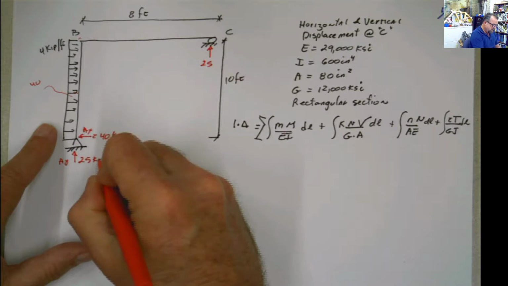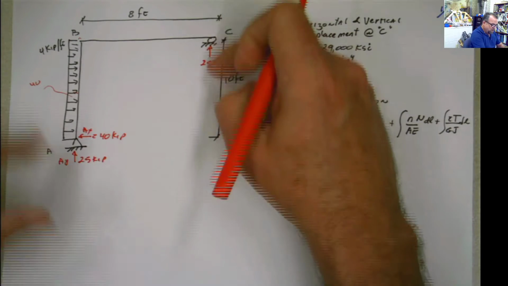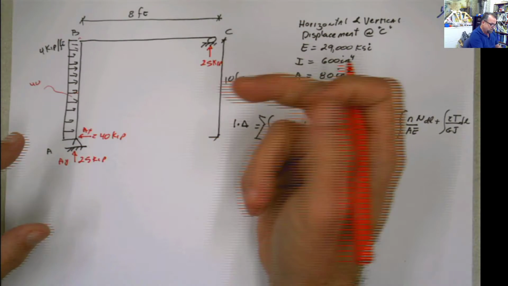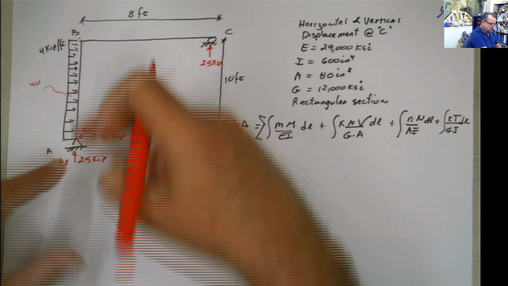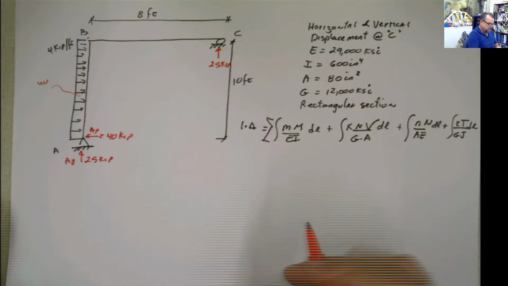There's only a couple here, vertical, that can oppose that moment. This couple is 25 times 8, and this is 2000, so there you go. Reactions are calculated. We don't have to discuss anything else.